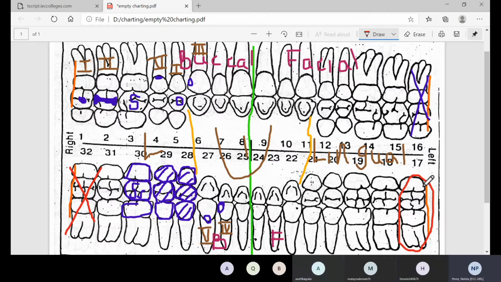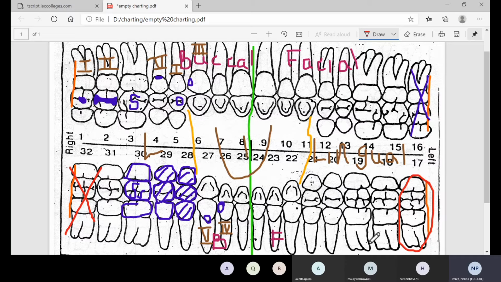So a lot of times your impactions might have more than one symbol, because if a tooth is impacted, what's the next step for it? Extraction. Yes. So this circle around it right now represents impacted. If I draw a diagonal line or a red X on it, that means that because that tooth is impacted, it needs to be extracted. Once that happens, then I would take my blue pen and go over it with the blue pen, and that would signify that we took the tooth out and the tooth is no longer there.